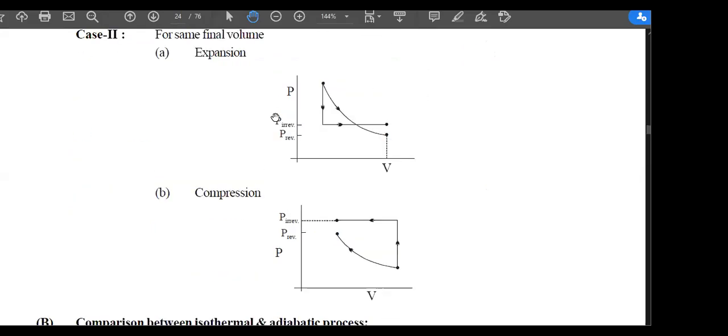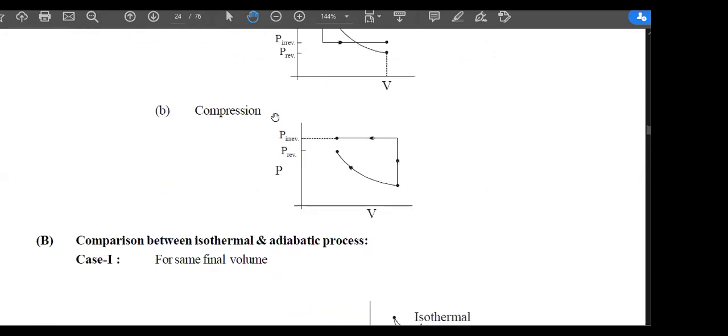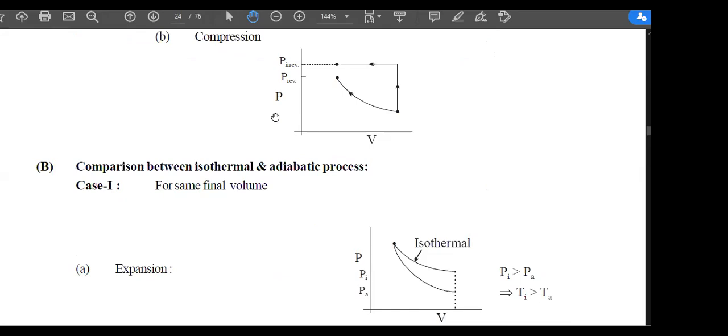So yeah, this is the relationship, how the graph is. This was the last topic that we studied in the last class, the comparison of the isothermal process and the adiabatic process.